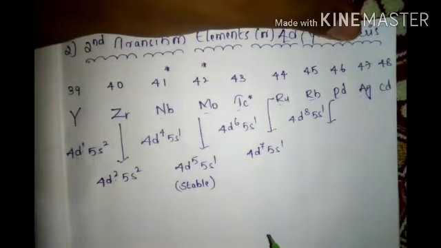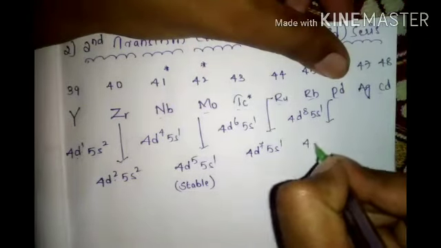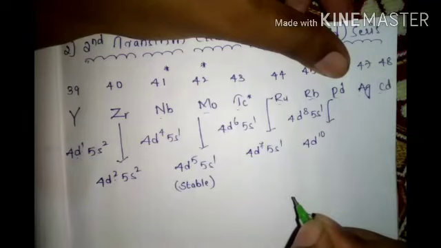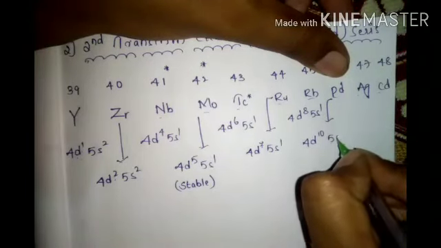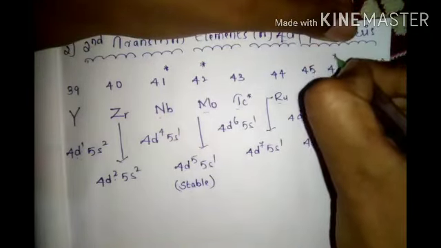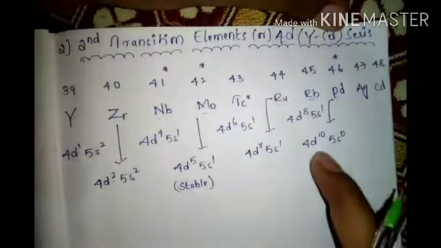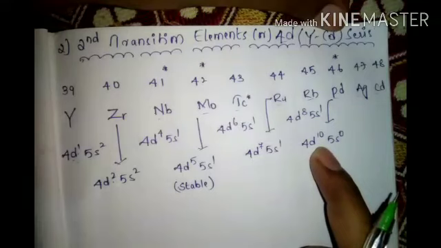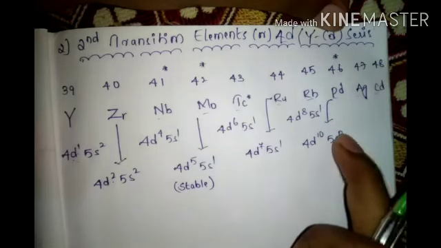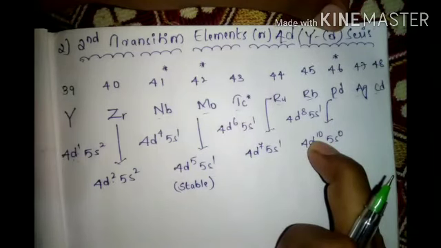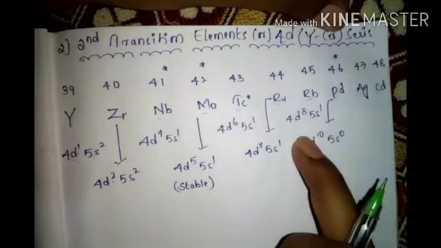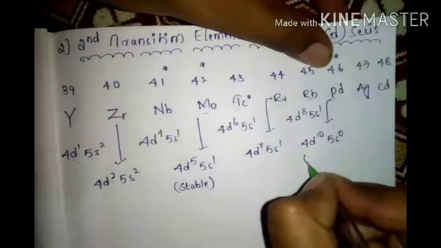Palladium: 4d10 5s0. Yes, here we have to take a star symbol. From here to here it is coming regularly, suddenly palladium shows an irregular manner. Actually it should be 4d9, but here one electron is shifting and it becomes most stable.